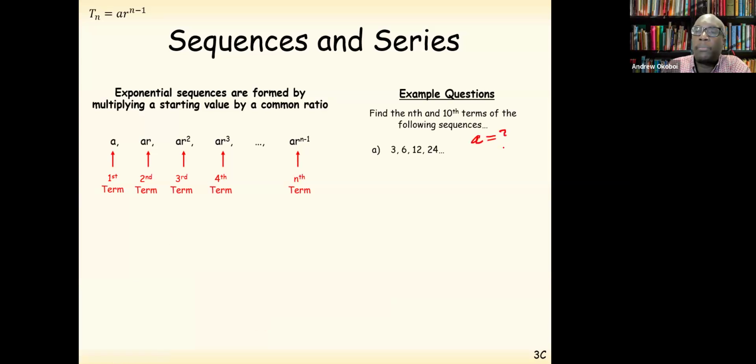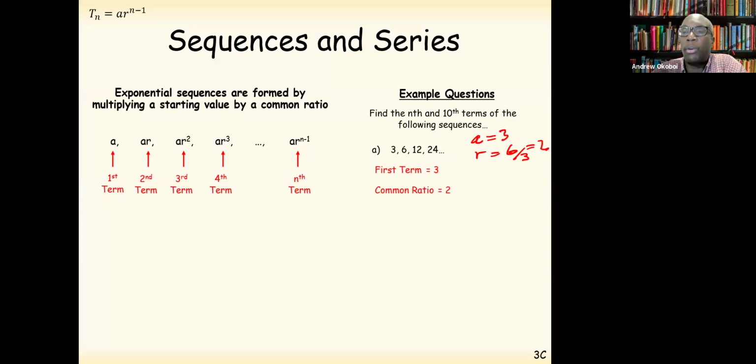And R is going to be 6 divided by 3, which is 2, or I could have done 12 divided by 6 or 24 divided by 12. So I have my A and my R, and I can calculate both the nth term and the 10th term.